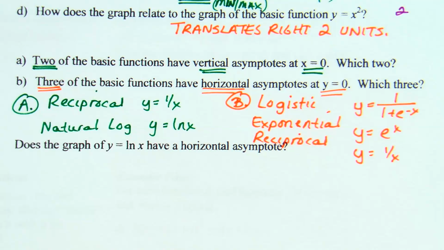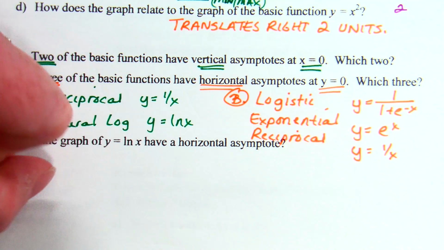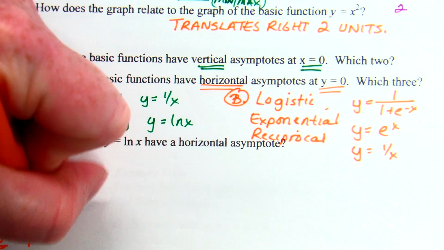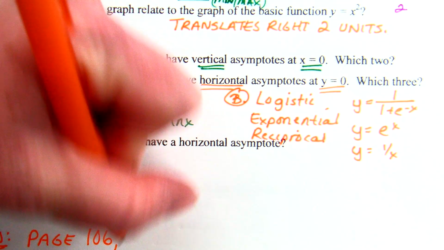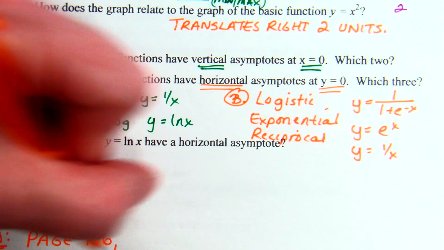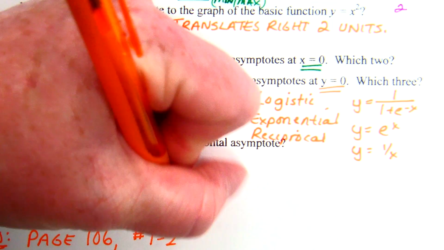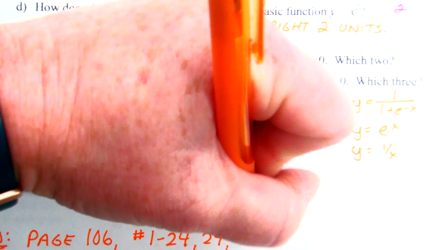Okay, I want to give you guys some work time. We've got the basics out of the way. Your homework, which I just realized I haven't written down here, is on page 106. Yes, it seems like a lot, but the first 12 is a matching series, if I recall. 1 through 24, 29, 30, 34, 35, 38, 39, 41.